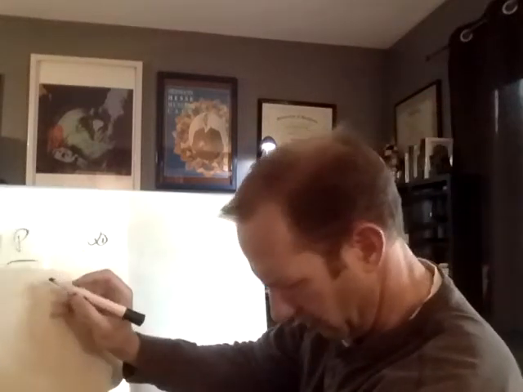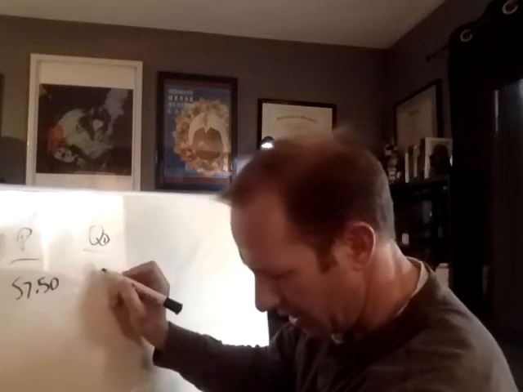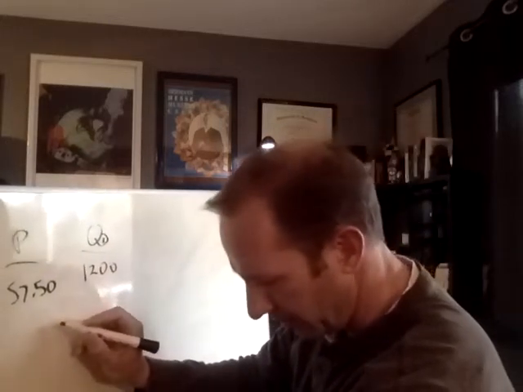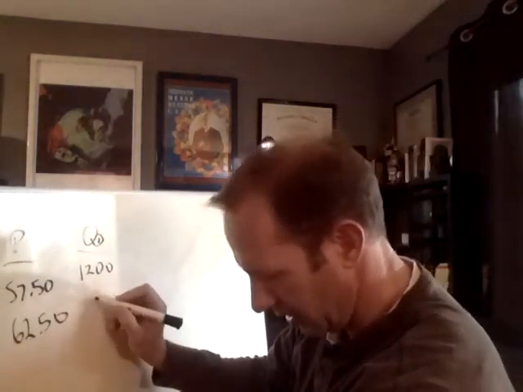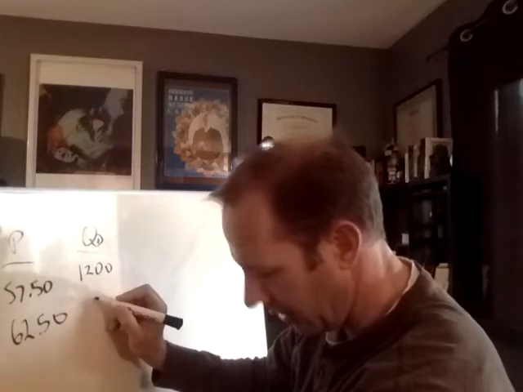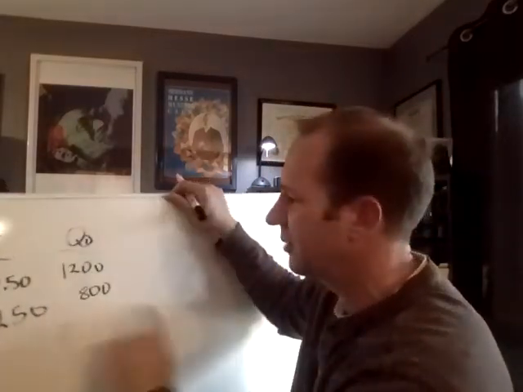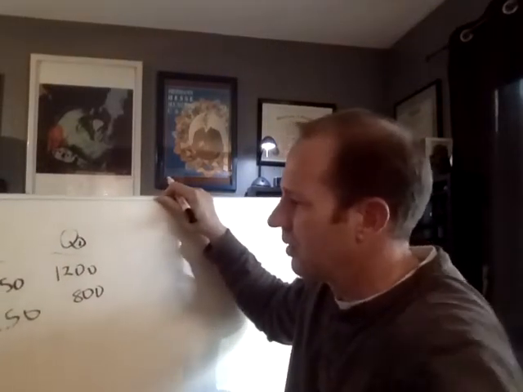Observations: $57.50 and 1,200 games are purchased. The price rises to $62.50 and only 800 games are purchased. So there's a segment of the demand curve or segment of a demand schedule for us.